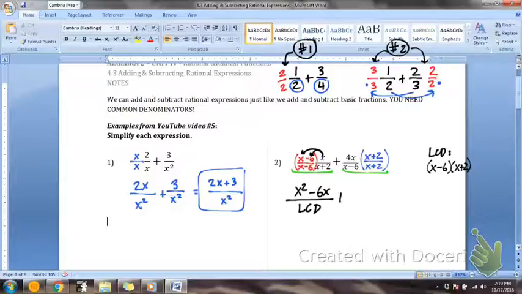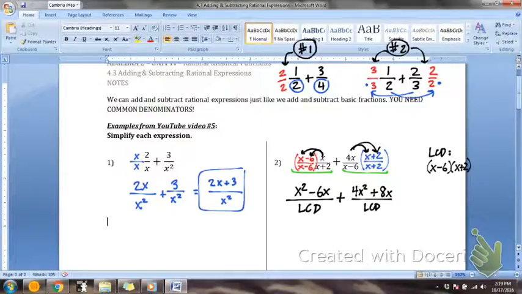All right, we have our plus sign in the middle, and now let's do the second side. 4x times x, and then 4x times 2, plus 8x, over the LCD.